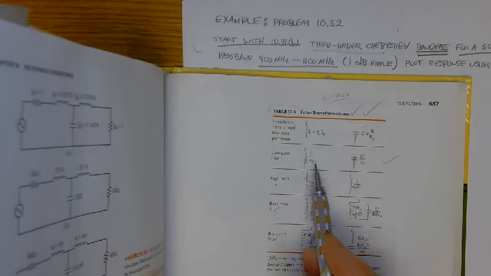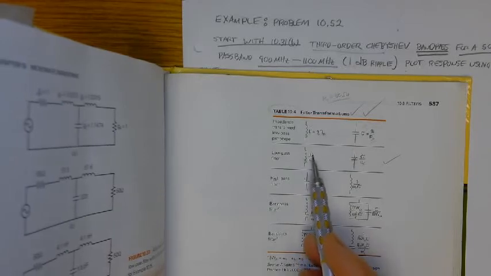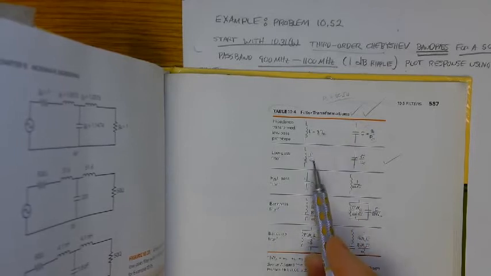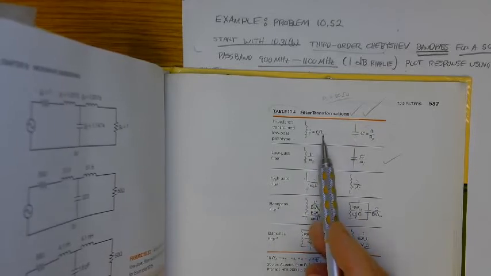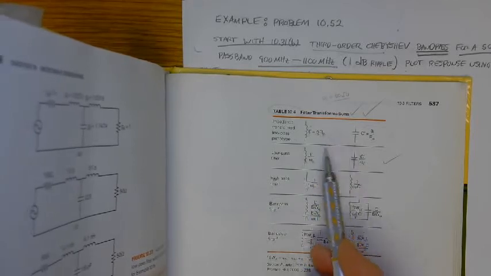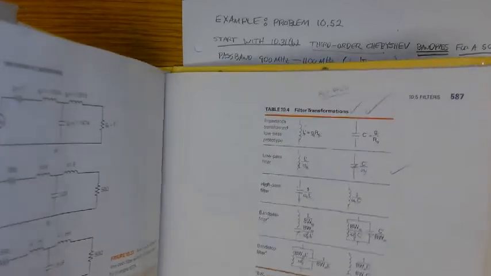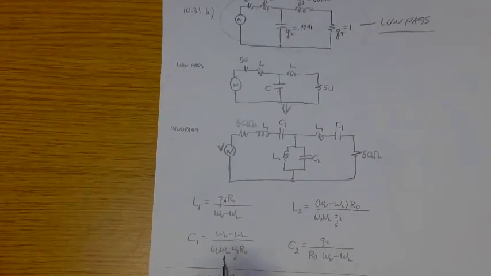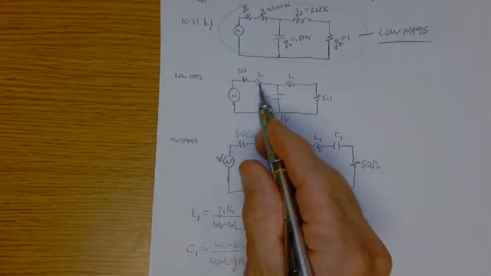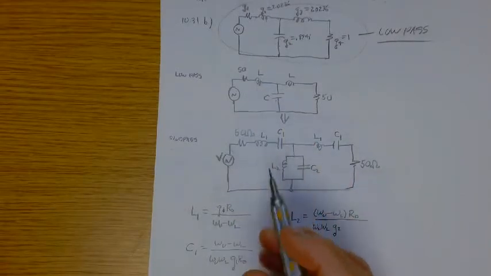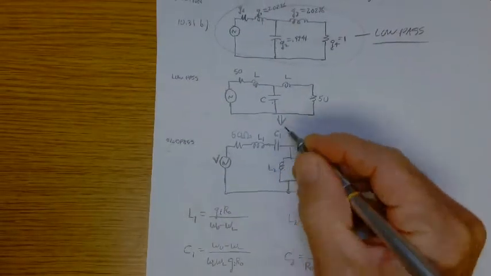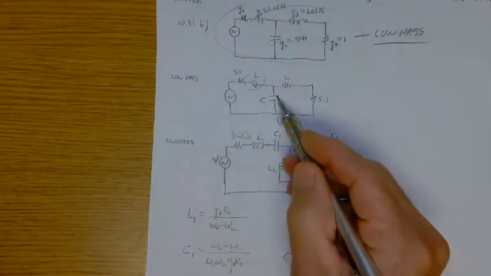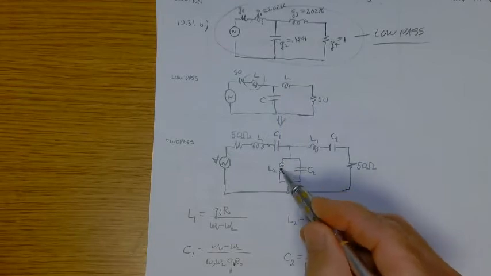So our L got converted into a series LC because I'm going for band pass. My C got converted into a shunt LC, and then this next series L is another series LC. Since G1 and G3 are identical, these elements are identical.